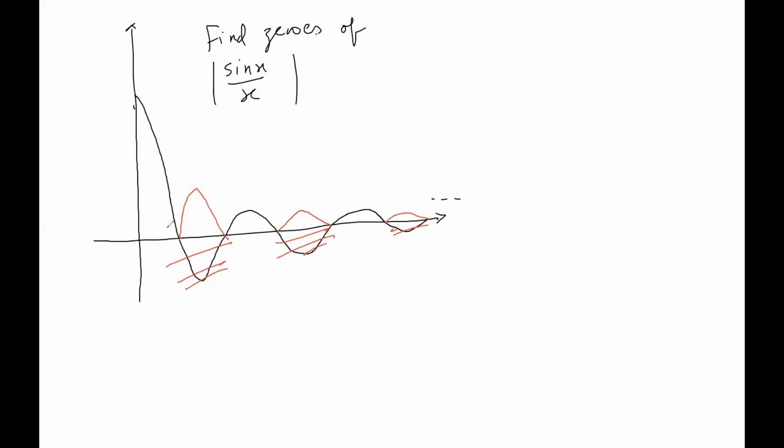So basically, the zeros occur at these points, right? So this would be pi. Sine pi is 0, 2 pi, 3 pi, 4 pi, and so on, right?